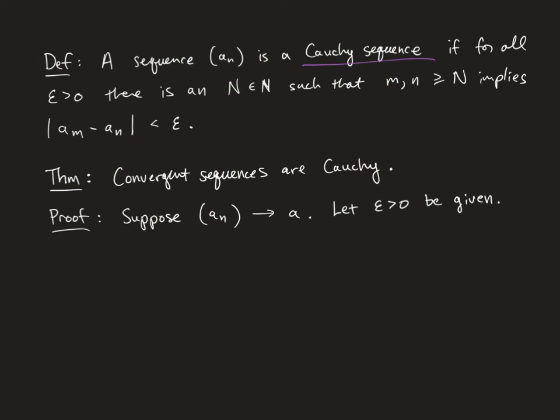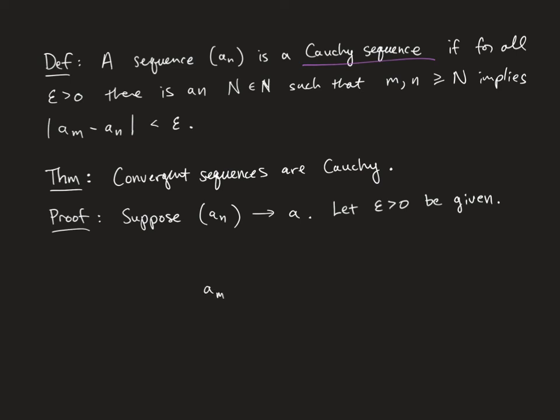Now the basic thing is we have to figure out what this big N is going to be, so that the elements of the sequence past that N are close to each other. This is my scratch work, my brainstorming.